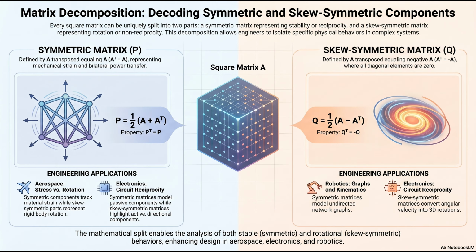Okay, so if we try to visualize that transpose operation, it's kind of like folding a square grid of paper perfectly diagonally, right? Like from the top left down to the bottom right. That is a perfect way to visualize it. So for the symmetric matrix, that means the numbers on the top right perfectly match the numbers on the bottom left when they touch. Exactly. They mirror each other perfectly.